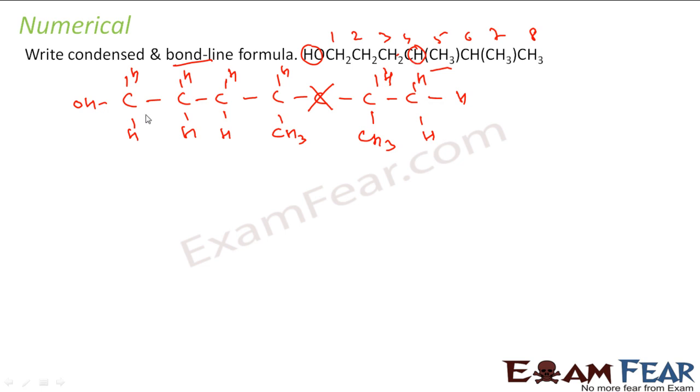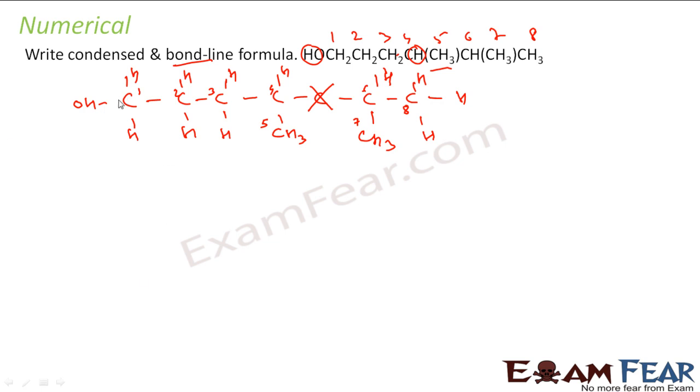Let me check and renumber it: 1, 2, 3, this guy is 4, this guy is 5, this guy is 6, 7, 8. Yes, correct. All the carbons are numbered properly now. This is my structural formula.